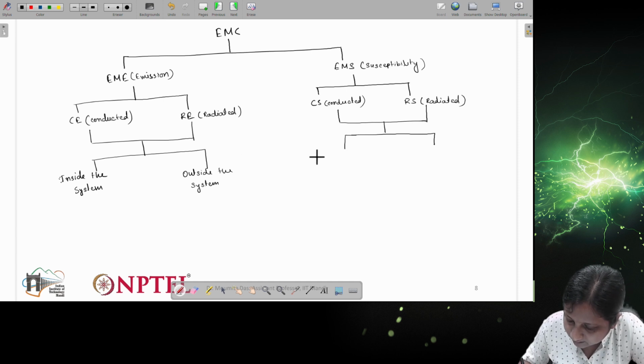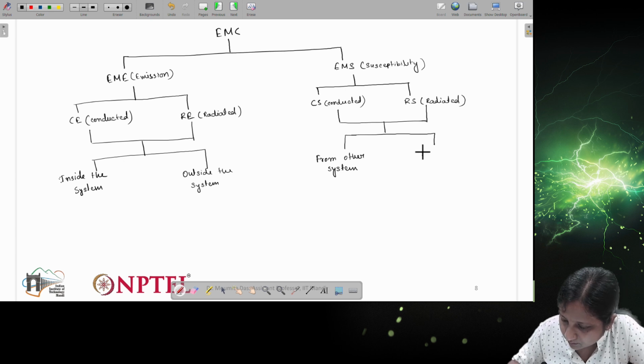This is from other systems and this is from parts of the same system.